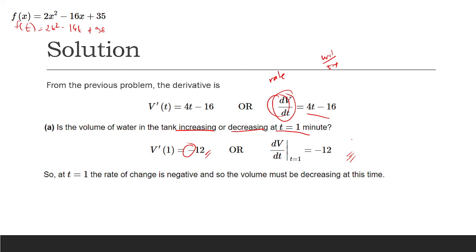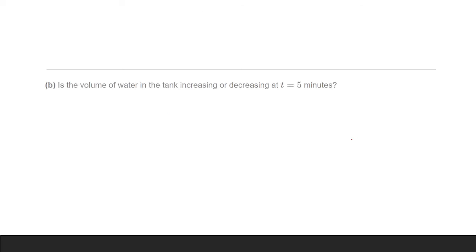Next, we have letter B. Is the volume of the water in the tank increasing or decreasing at t is equal to 5 minutes? So, ganun lang din yung gagawin natin. Using the formula of the rate of change, we substitute t. And when we get that, makukuha na natin yung instantaneous rate natin.